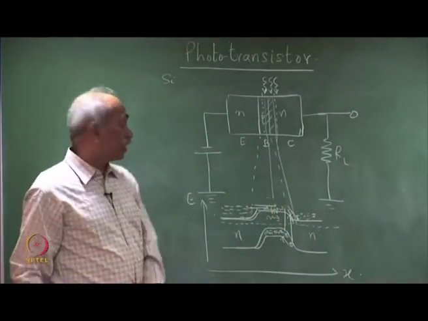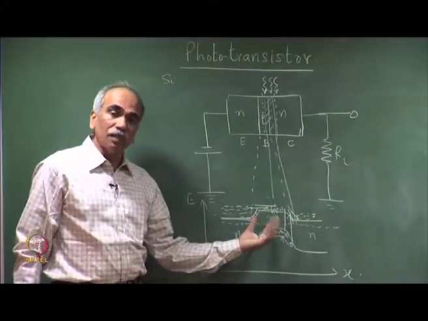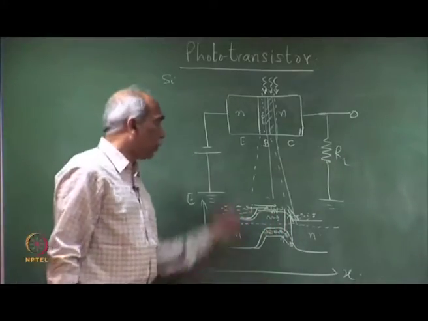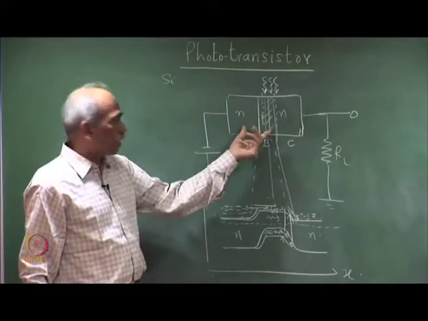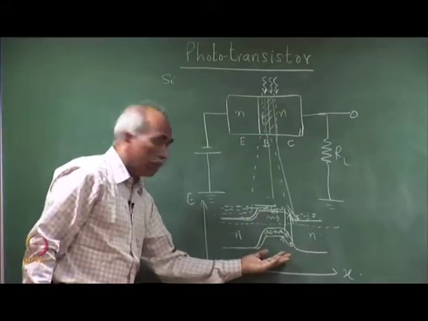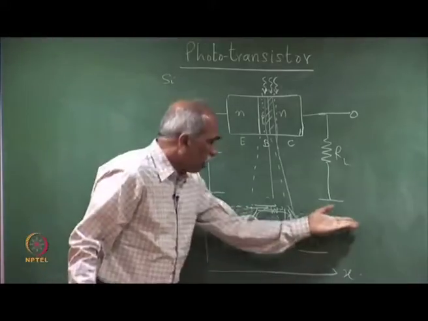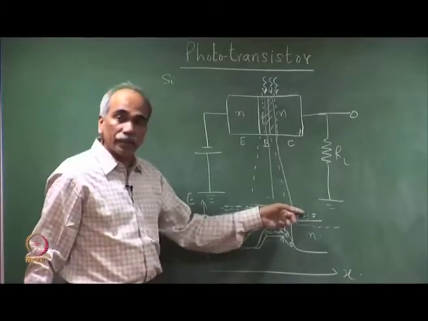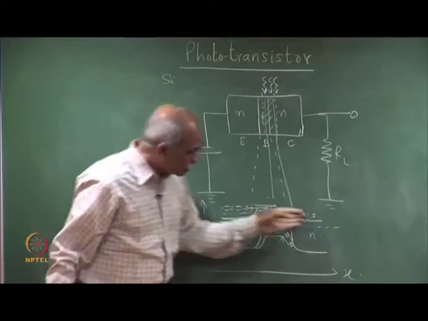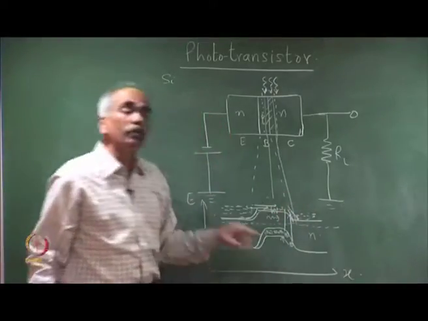Normally, in an electronic transistor, this job is done by the base current. When you forward bias the emitter base junction, the barrier is lowered and consequently a large current flows from the emitter to the collector, that is, carriers move over the barrier which has been lowered because of the base current.